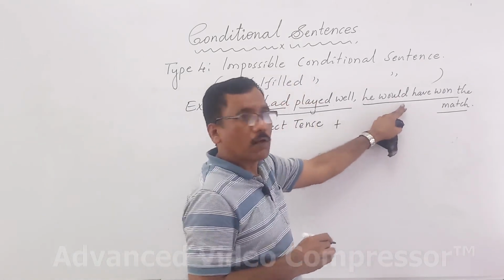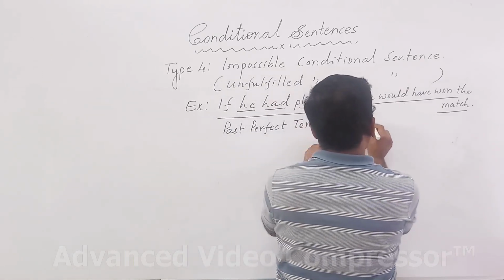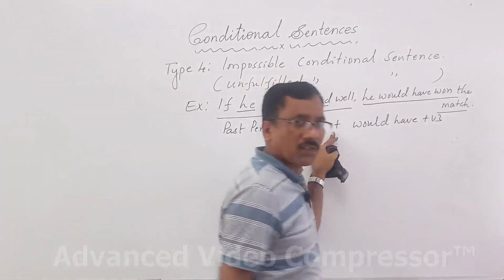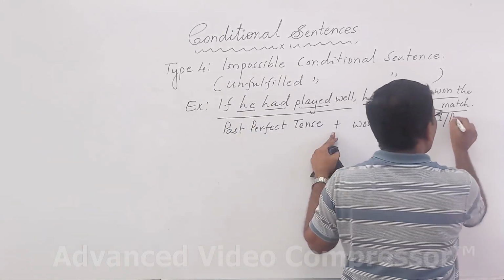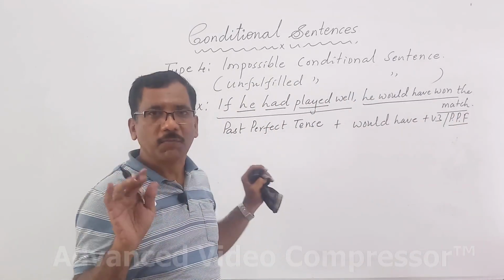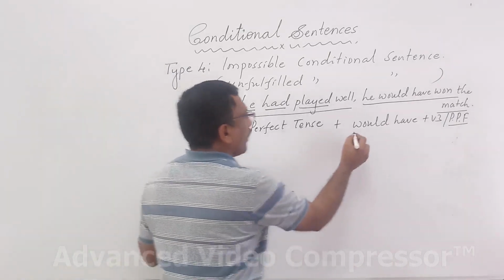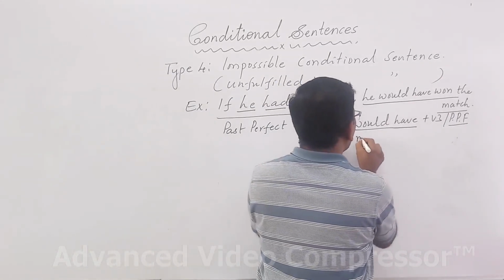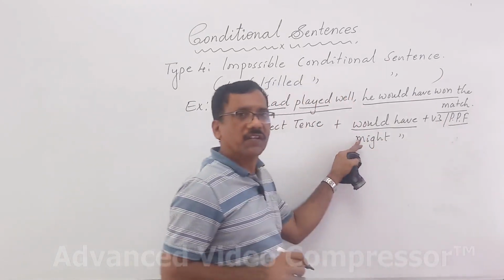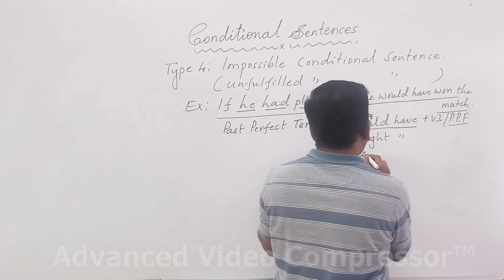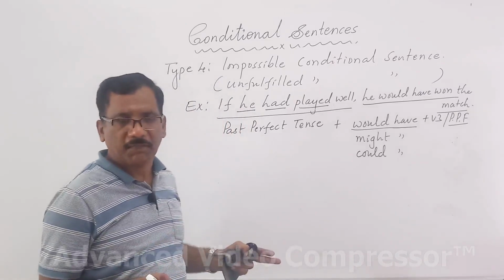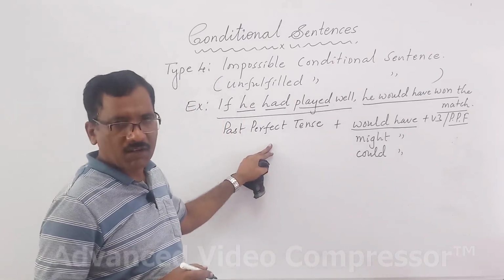And the main clause will have, please remember, would have plus V3. V3 means past participle form, PPF. Instead of would have, you may use might have plus PPF if you want to indicate possibility, or could have plus PPF in order to indicate ability. I hope this point is clear.